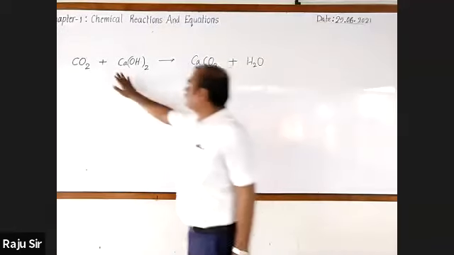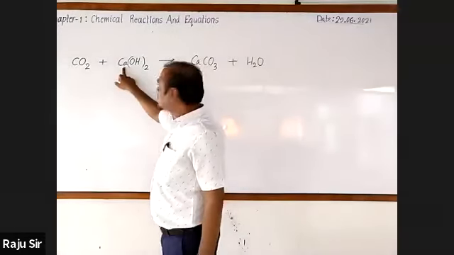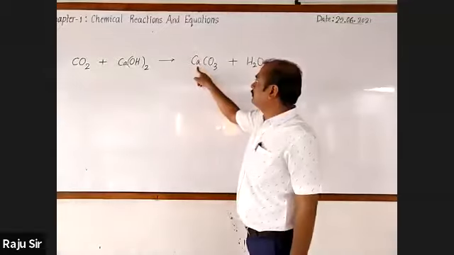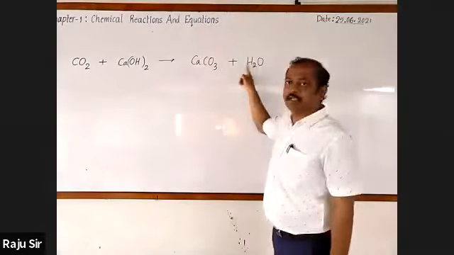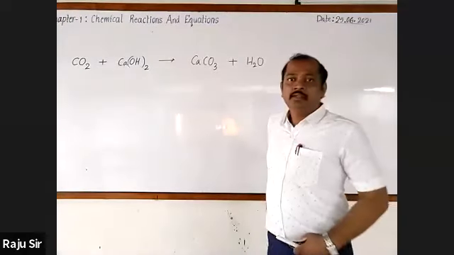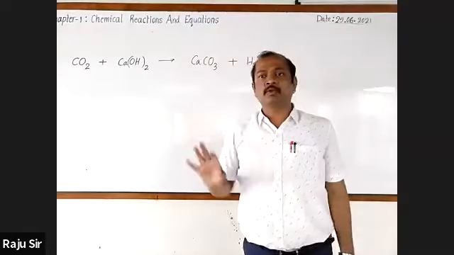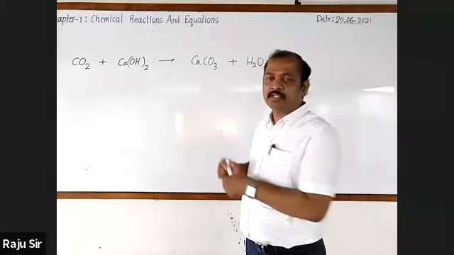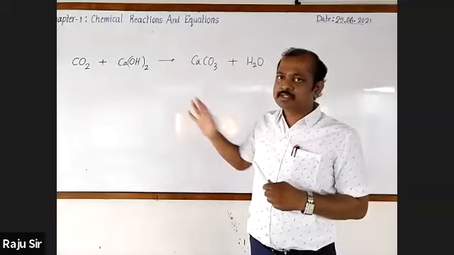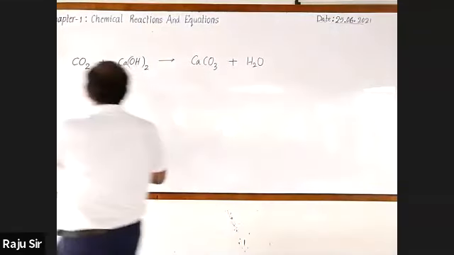Oxygen is balanced. Calcium, one atom, here one atom, balanced. Hydrogen, 2 atoms, 2 atoms. Here it is a balanced chemical equation, so you need not balance it again. I have taken one such chemical equation.